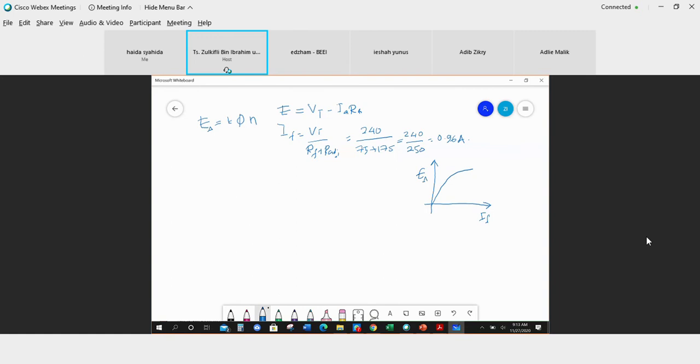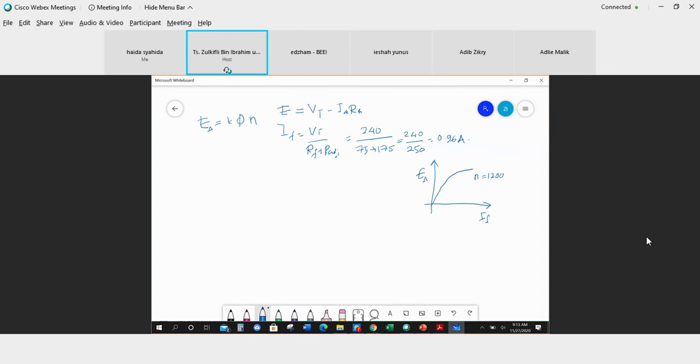So this machine has been tested at the speed of 1200 RPM. So there is additional information pasal bullet ni, saya rasa ada tak lengkap ni.